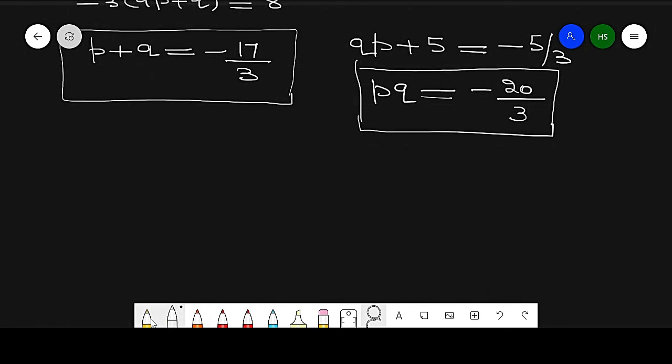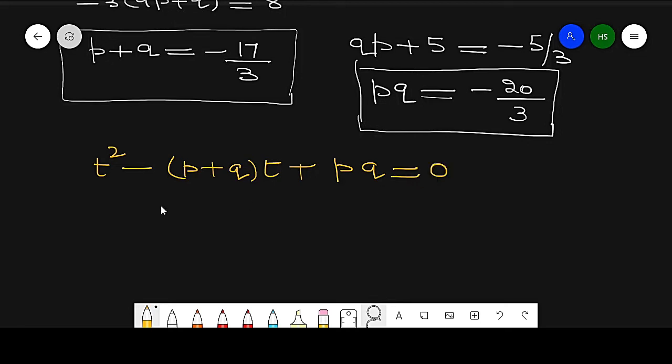Construct an equation whose roots are p and q: t^2 - (p + q)t + pq = 0.